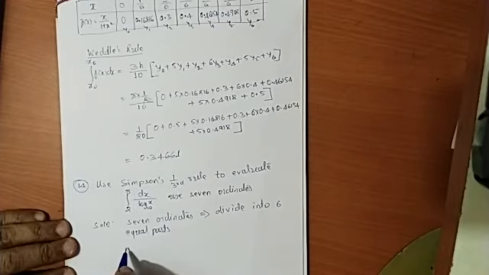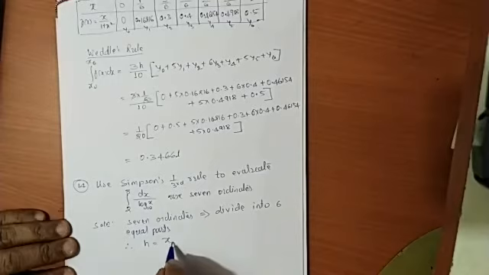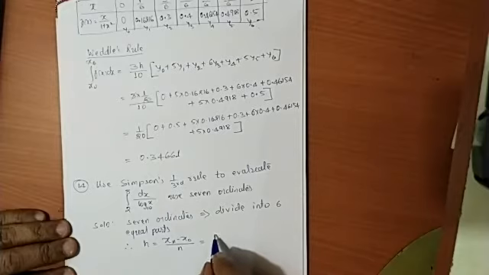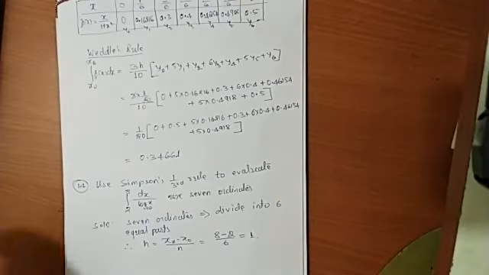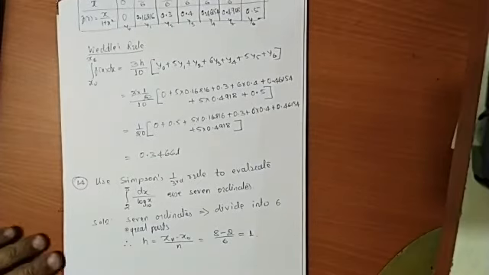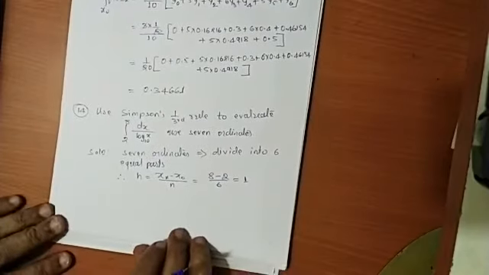Therefore, what is h now? h will be equal to xn minus x naught by n, that is 8 minus 2 by 6. So h is 1.